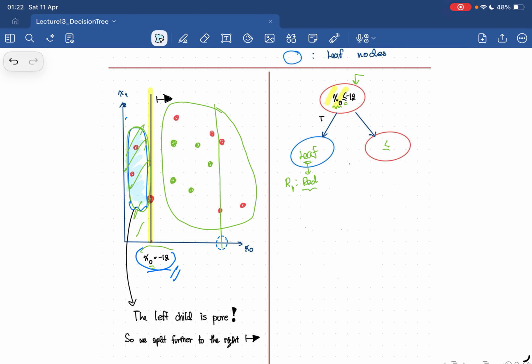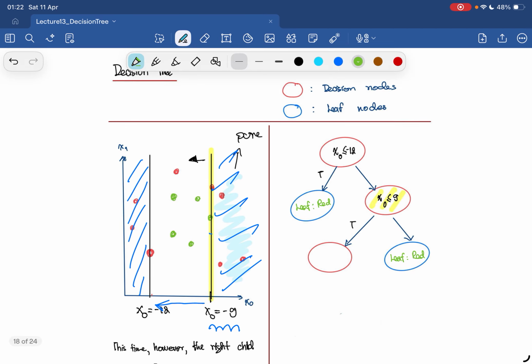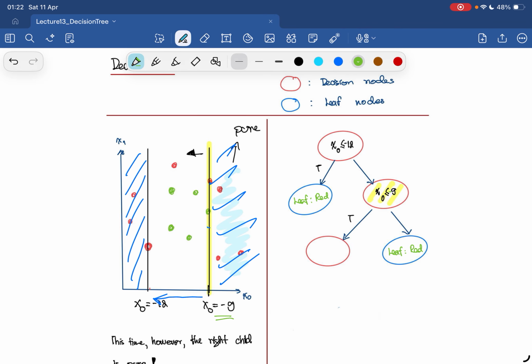Again, it turned out that when you reach about this threshold, you actually get a leaf node that is pure, that is here. So maybe this is when the value of x0 is equal to -9. And for those that are true, there are still some mixed nodes together. Therefore, this will be another decision node.